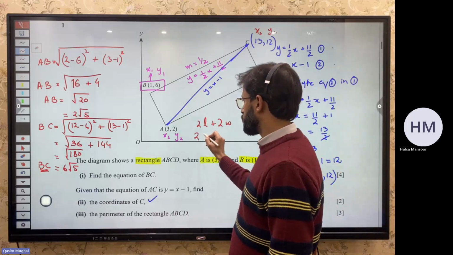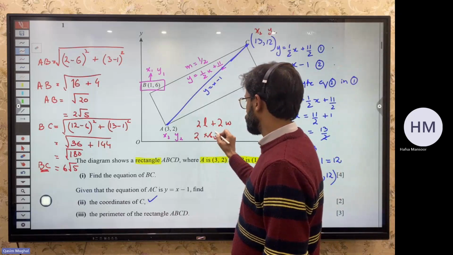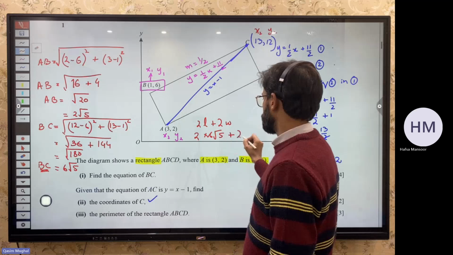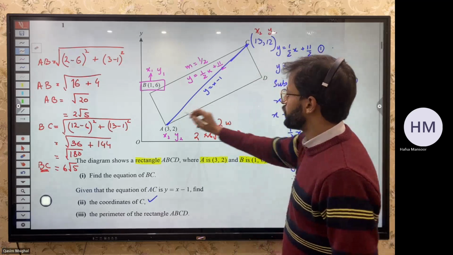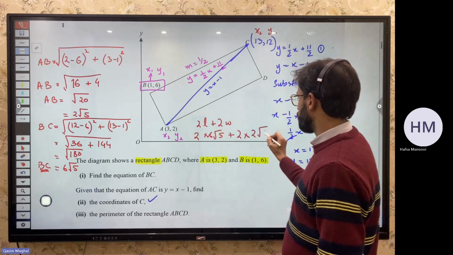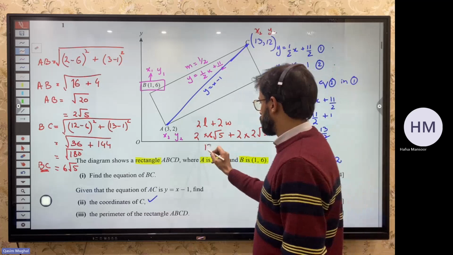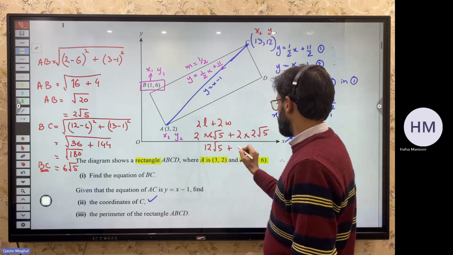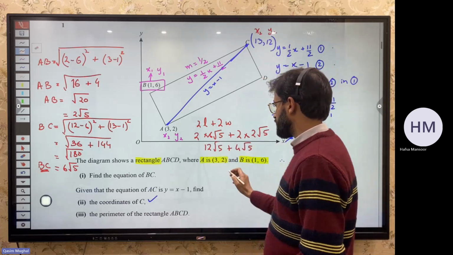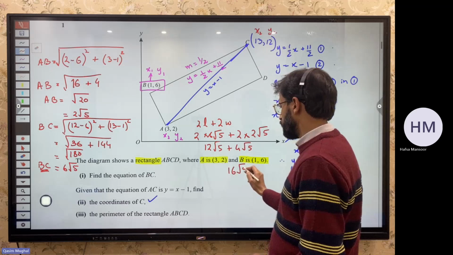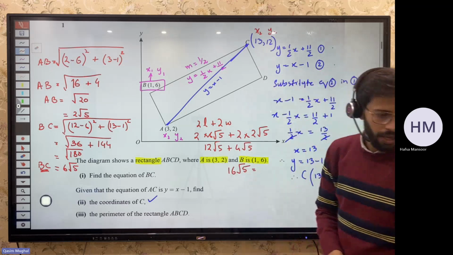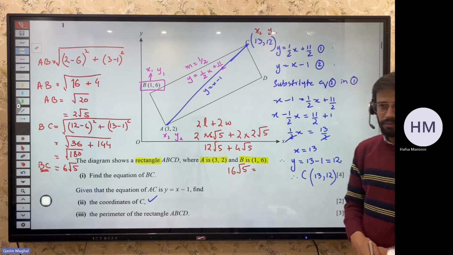So 2 times 6 root 5 plus 2 times the width, 2 root 5. So 12 root 5 plus 4 root 5 which is 16 root 5.